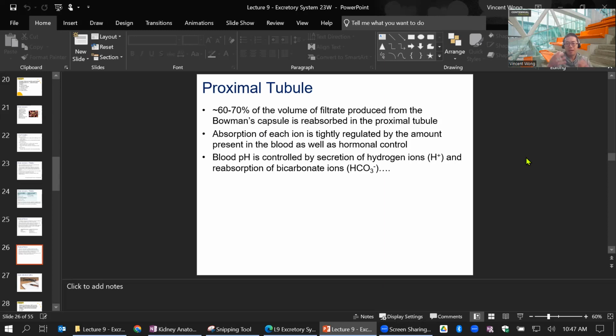Like you chuck down the whole bag of family size Lay's. Your blood sodium might be very high, and you don't need as much sodium in the blood, so you can get rid of it. You don't need to reabsorb it, right? So depending on how much you already have in the body, how much you reabsorb at the proximal tubule might vary. It's also regulated by hormones.